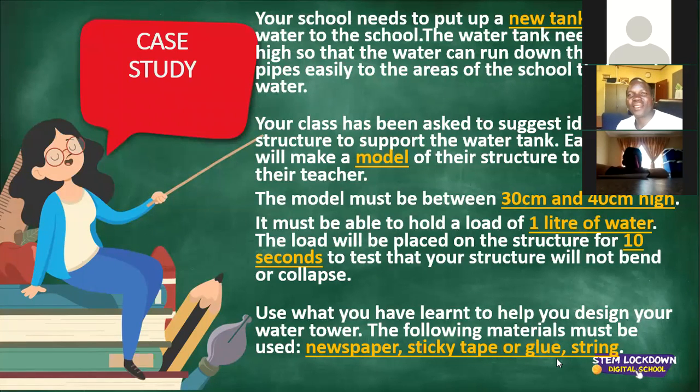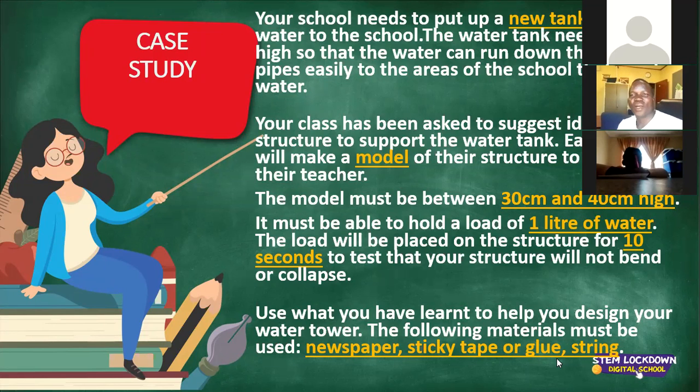Your class has been asked to suggest ideas for a structure to support the water tank, and each learner will make a model of their structure to present to their teacher. The model must be between 30 centimeters and 40 centimeters high. It must be able to hold a load of 1 liter of water, and the load will be placed on the structure for 10 seconds to test that your structure will not bend or collapse.